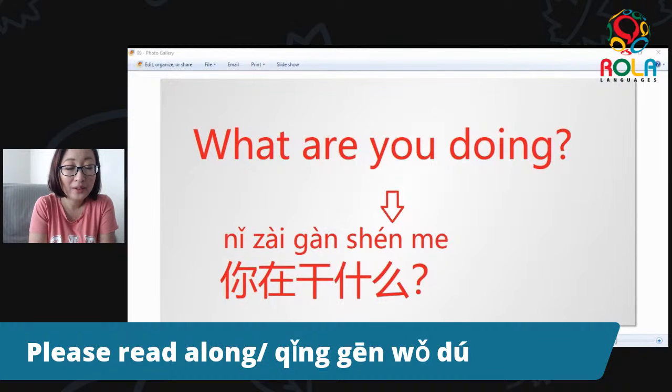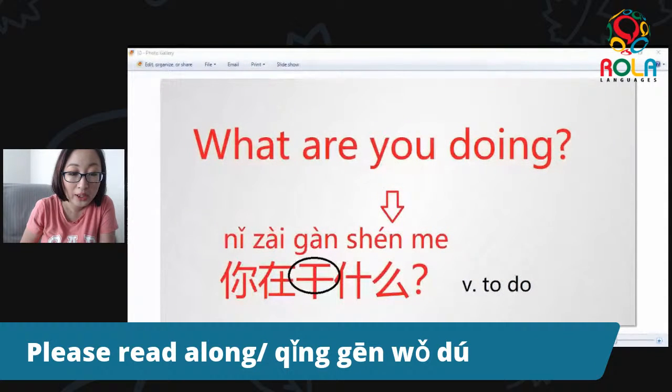All right, 干 over here is another way of saying do. So as long as we get this out of the way, we can see how this sentence is formed. 你 you, 在 turns the verb into verb-ing, 干 do, 什么 what. So you are doing what?